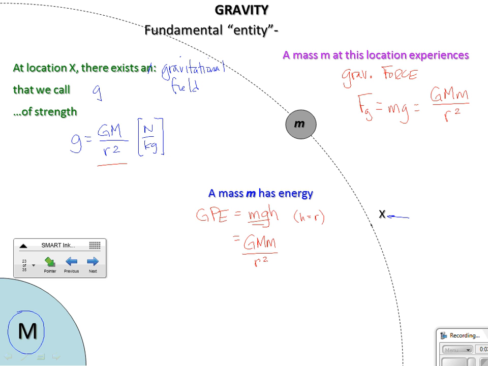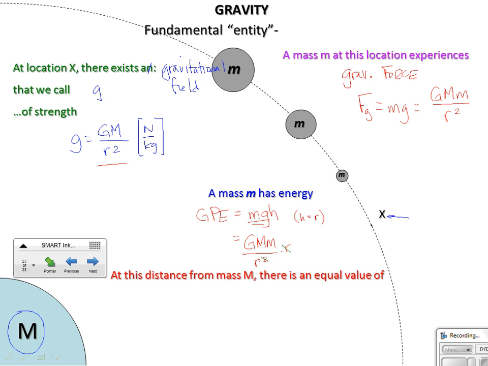You get that? So times r allows us to get rid of one factor of r. So we can end up with an expression for GPE that is G M m over r, no squared. So that's something new.